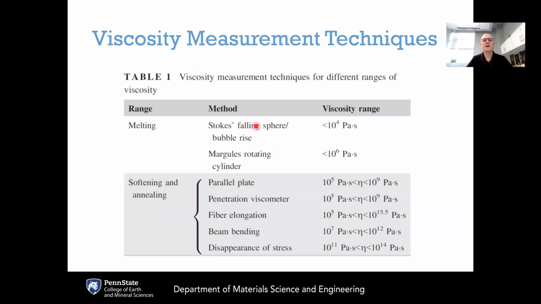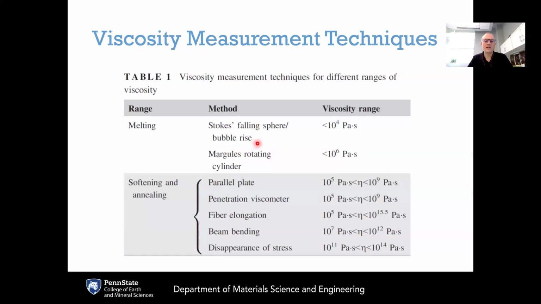The amount of time that it takes depends on the density difference between the ball and the molten glass. And it also depends on the radius of the ball and the viscosity of the liquid. So if you know the densities and you know the size of the ball, then you can calculate the viscosity of the liquid based on how much time it takes for it to fall to the bottom.